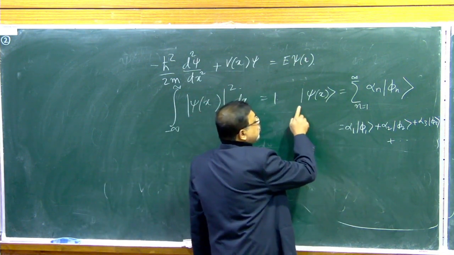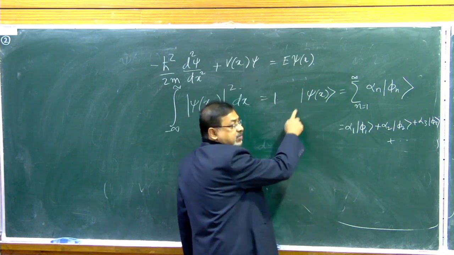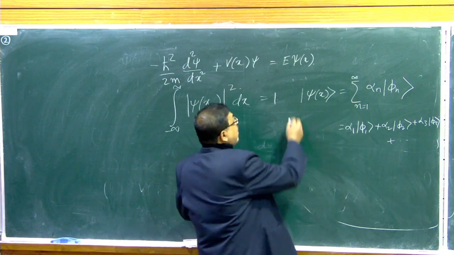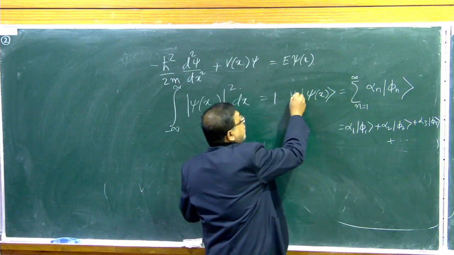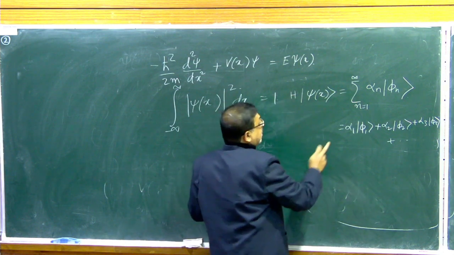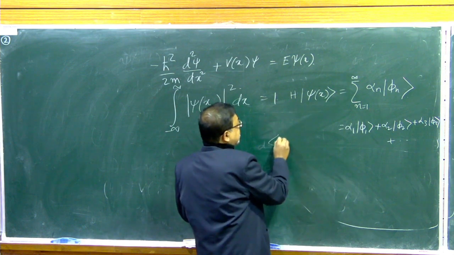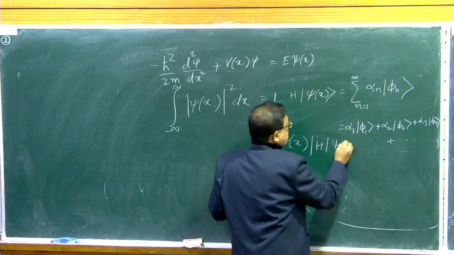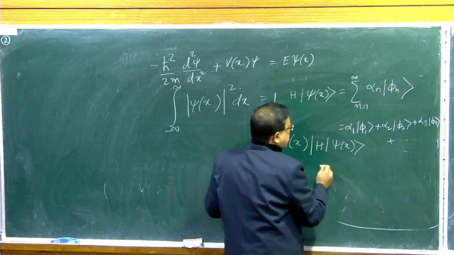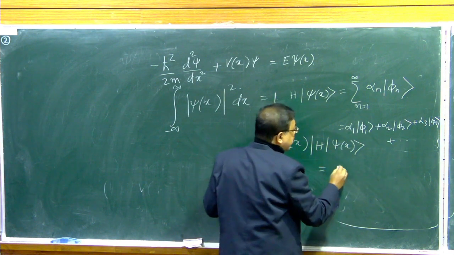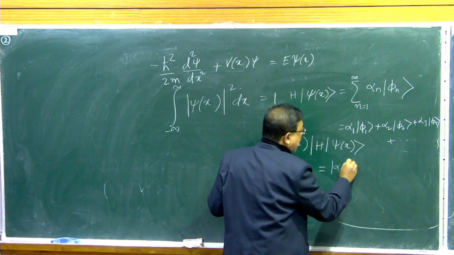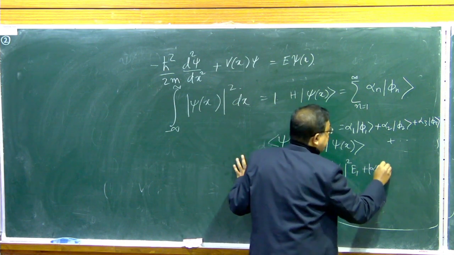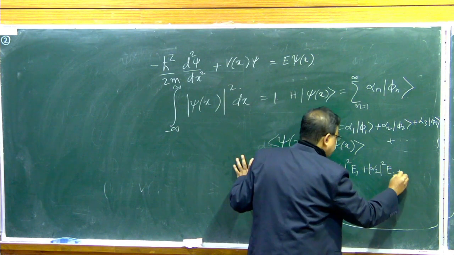Suppose you try to find the energy of the system: you'll have to operate with the Hamiltonian on psi of x, and then it should give you energy with alpha 1 square E1 plus alpha 2 square E2 and so on and so forth.